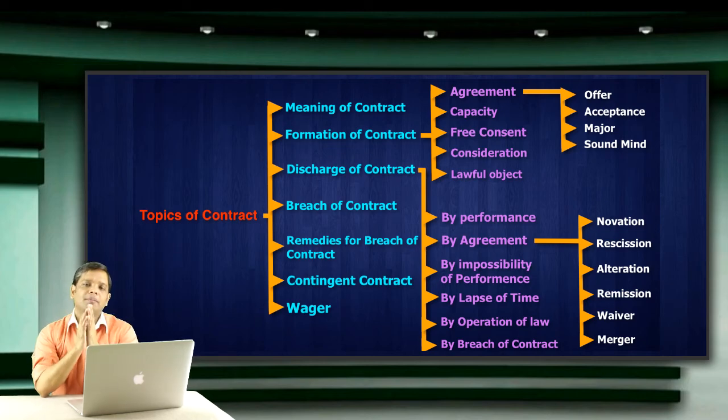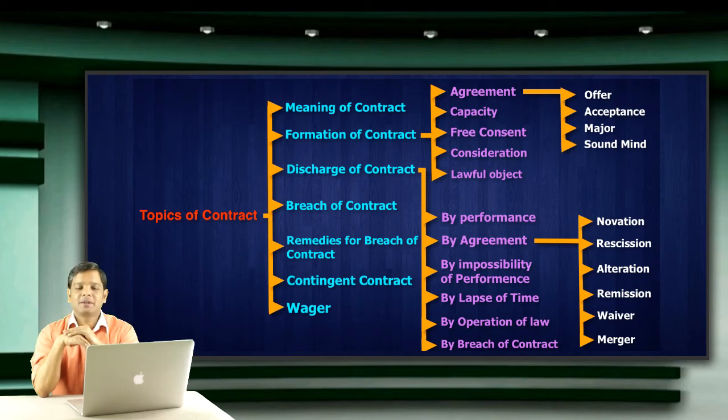So based on agreement, a contract can be discharged by 6 means: first novation, second rescission, third alteration, fourth remission, fifth waiver and sixth merger.